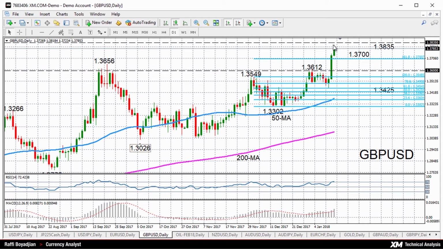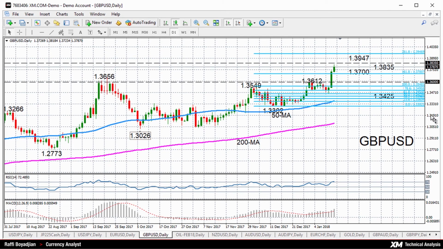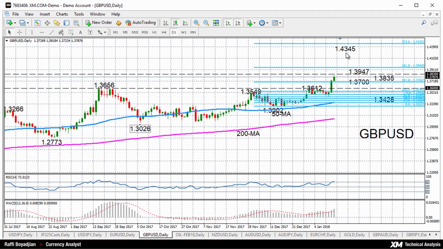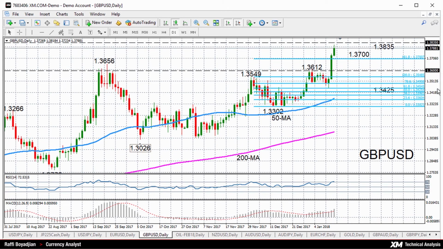It does appear to have found resistance at around 1.3835, or just below that level. 1.3835 was in fact a low from back in February 2016, so that low could now be acting as a resistance area, but should we see further upside, the next target should come from the 261.8% Fibonacci at 1.3947, followed by 1.4345 as potential targets.